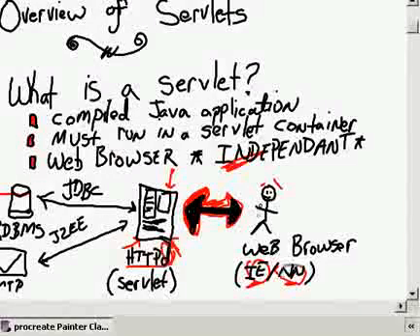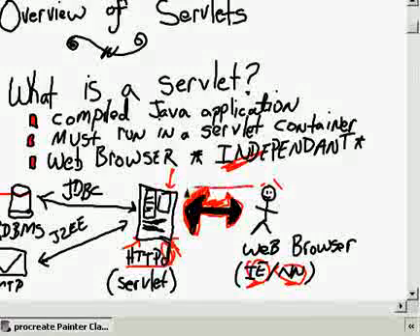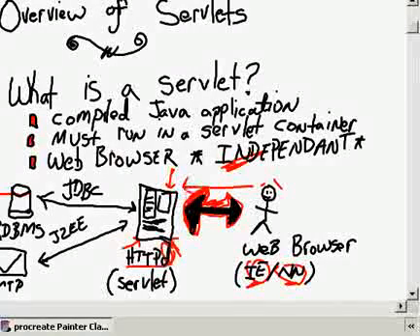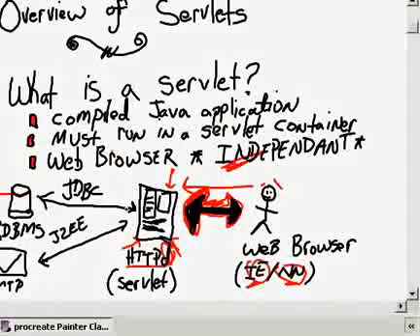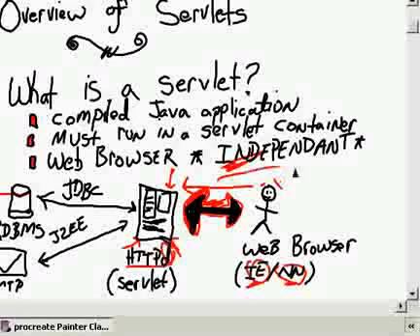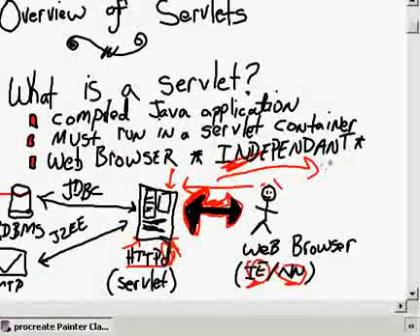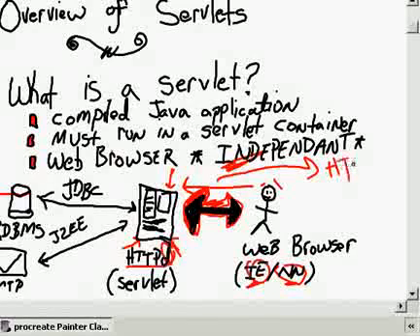Internet Explorer, Netscape, we don't care. They make a request to the servlet. The servlet then does some cool things like hook up to JDBC or an email server or whatever, and then it streams back to the client nice HTML.